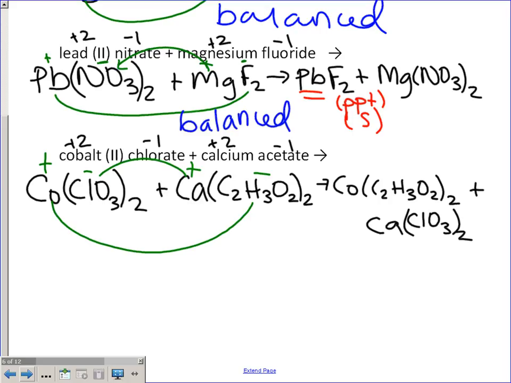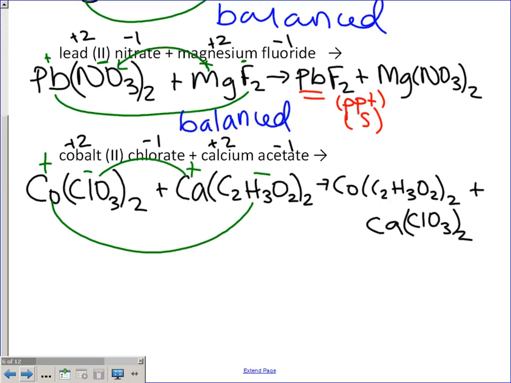With every double replacement reaction, we have to check our solubility rules. So all acetates, first bullet under soluble, are soluble. So cobalt acetate will be soluble. Next, let's find chlorates. Chlorates actually follow the same as chlorides.